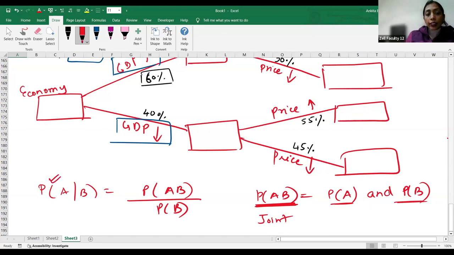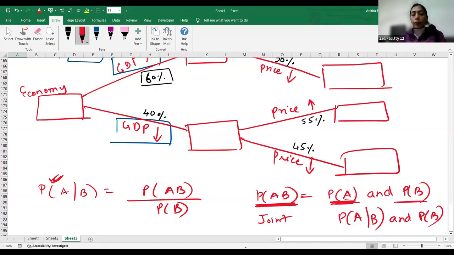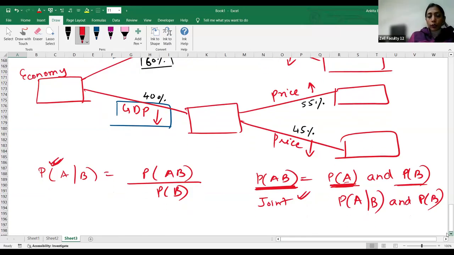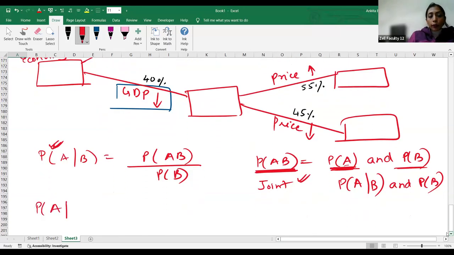So if A is a conditional event, then instead of probability of A, we have to write probability of A given B multiplied by probability of B. This will give me the joint probability. Correct? If I do probability of A given B into probability of B, I get probability of A and B.